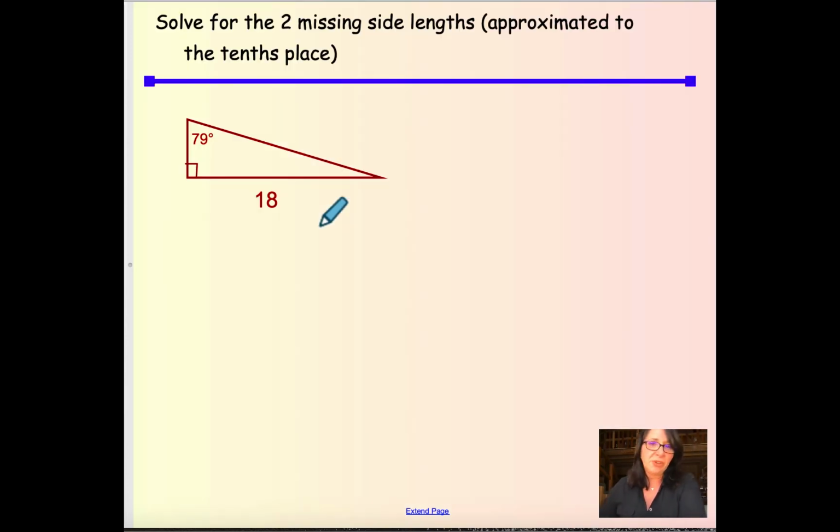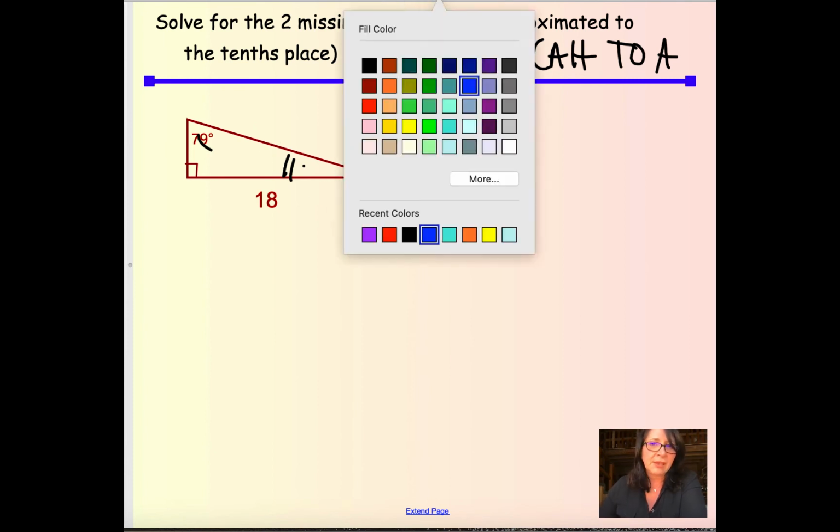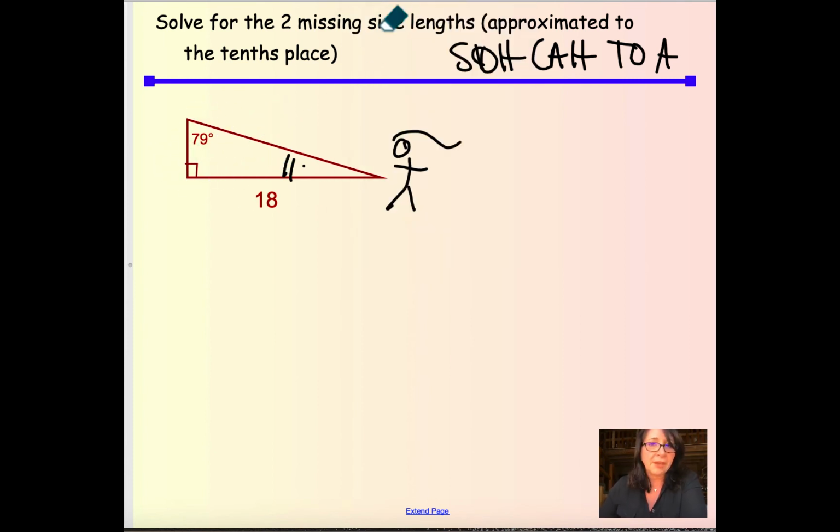For this one, we're going to use SOH CAH TOA, our sine, cosine, and tangent. So put yourself at an angle. I'm going to put myself at this angle, and I know this is 11 degrees because 79 plus 11 is 90. And so I'm trying to find this opposite side. So I'm going to use tangent.